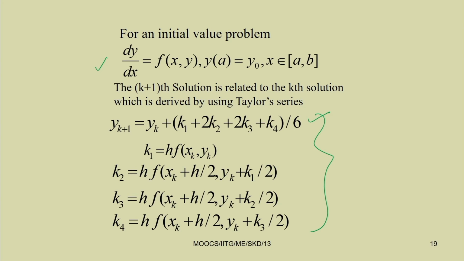By taking different step sizes, you can find y k plus 1 in terms of y k. That means you can find the response of the system by using this method.